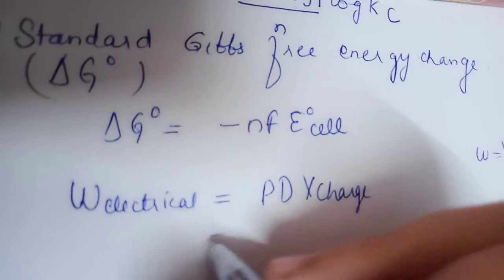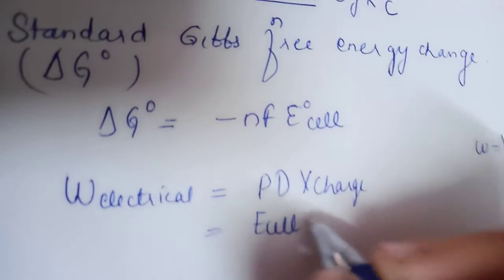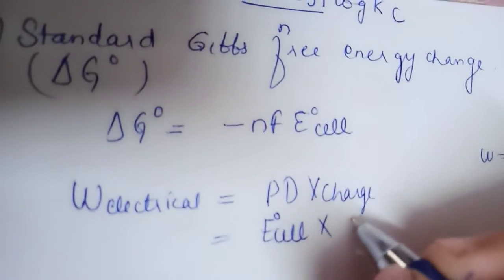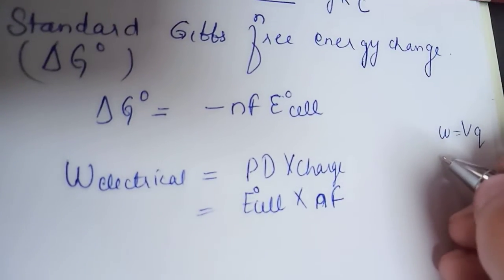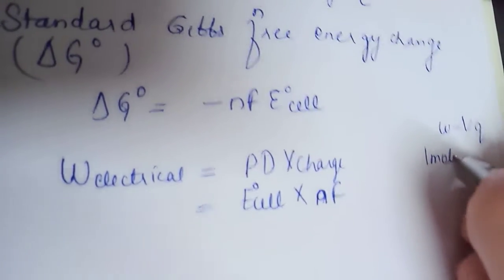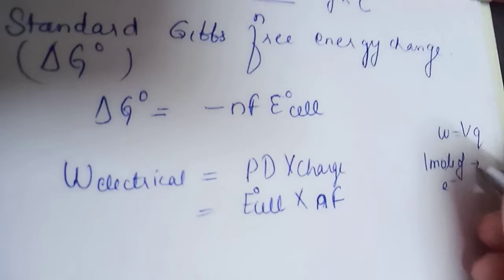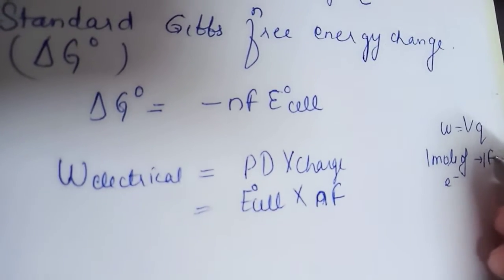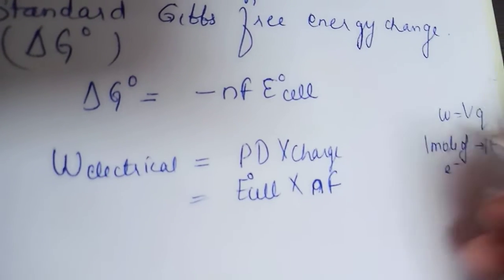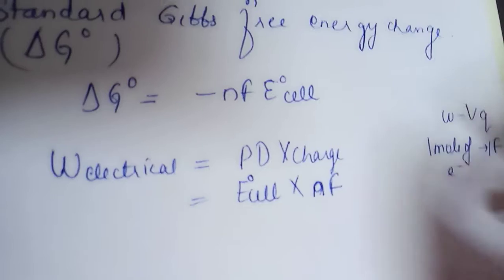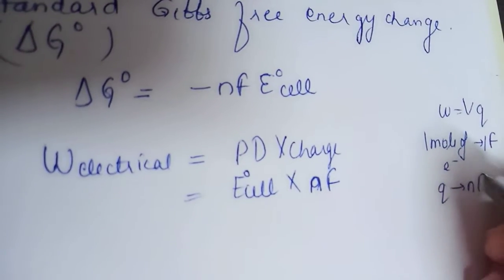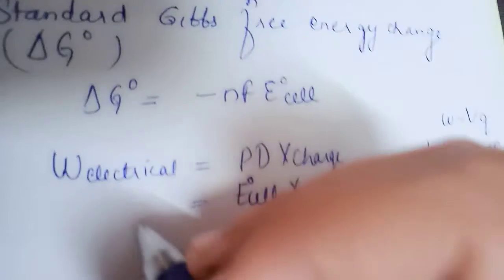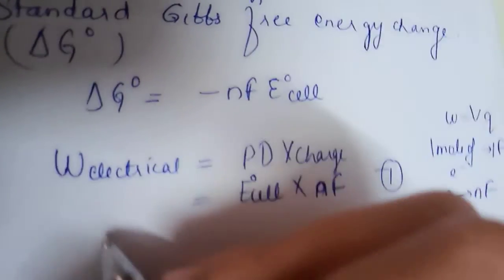Potential difference is represented as E naught cell, and charge is nF. See, 1 mole of electrons contains 1 Faraday, that is 96500 coulomb, but you do not know how many moles are given. So the charge taken is n moles into F Faradays. Okay, so equation number 1.